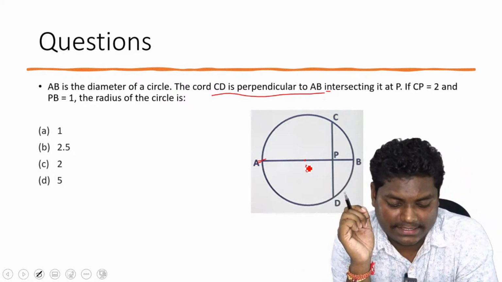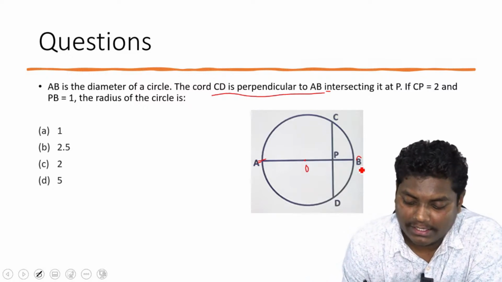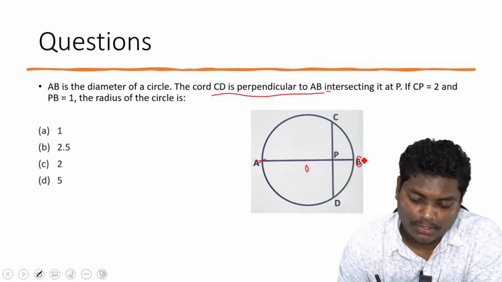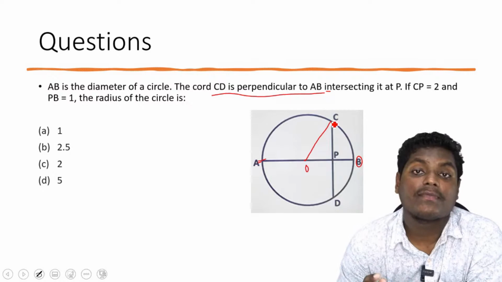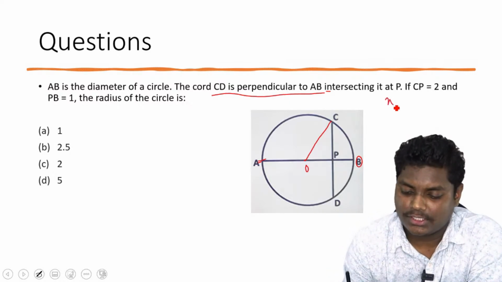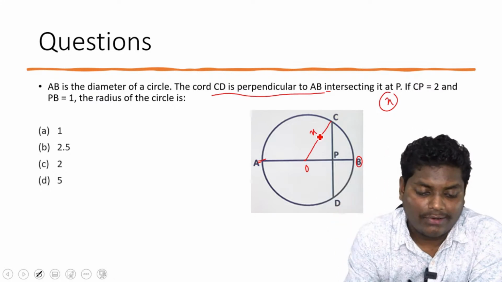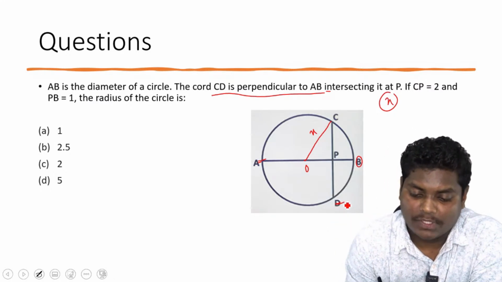So let's try and understand this. Okay. AB is the diameter. Let's consider the center of the circle to be O. Now this will be the radius of the circle. Let's take the radius of the circle to be X. Now it is saying the chord CD is perpendicular to AB.